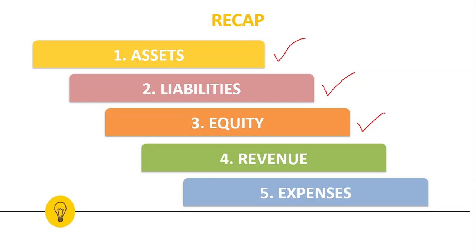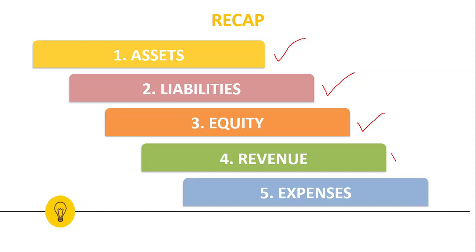But in case of corporations, the owners or shareholders can be unlimited, with a minimum of 7 shareholders, but the maximum can be unlimited in case of public corporations or public companies. So the amount of money invested by owner or owners in a business is termed as capital or owner's equity simply.